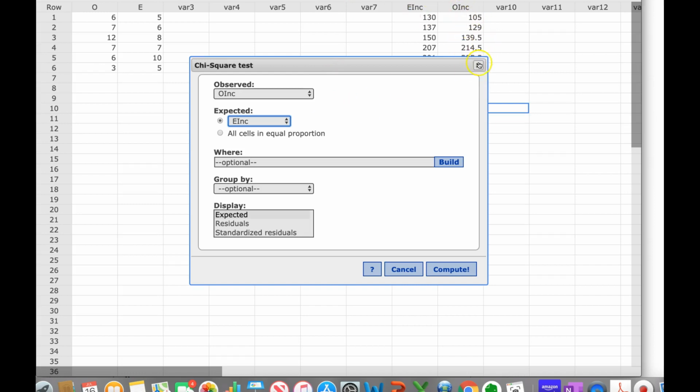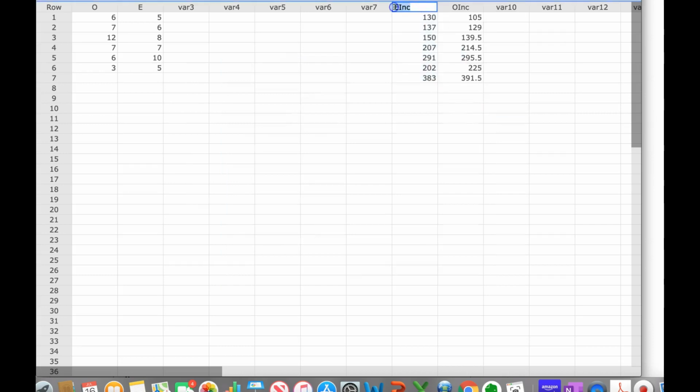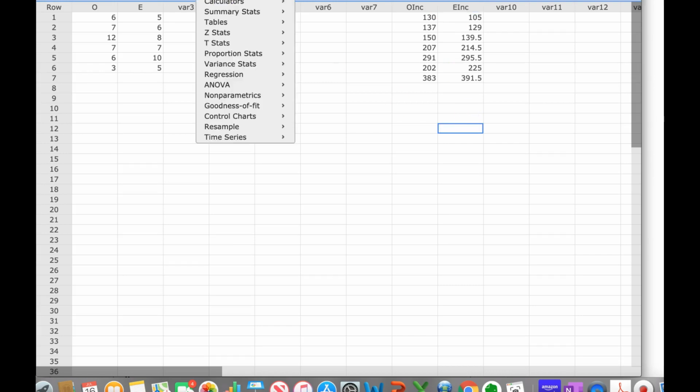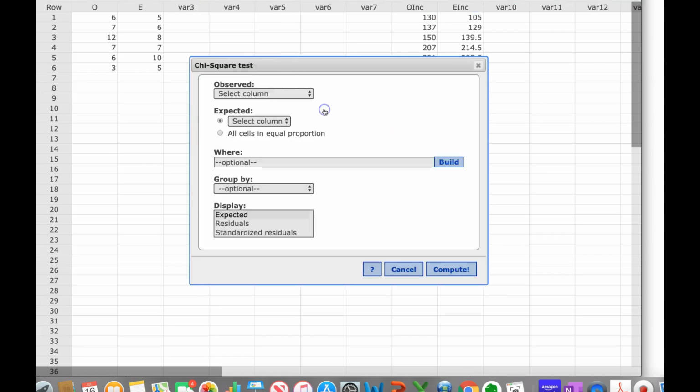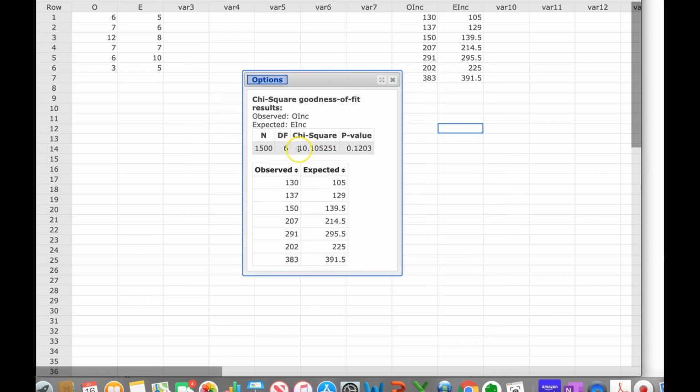Oh, I do have it wrong here. So this was the observed income, and this was the expected income. So don't make those mistakes. Stat, goodness of fit test, chi-squared, observed income, expected income, and then compute, and then you get a chi-squared of 10.1 and a p-value of 0.12.